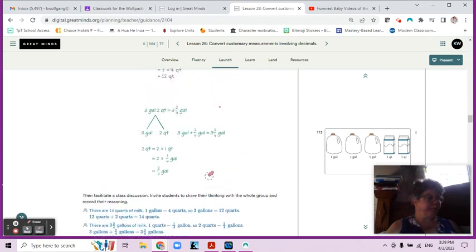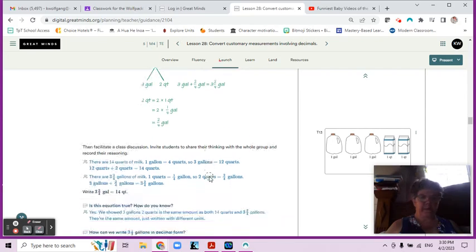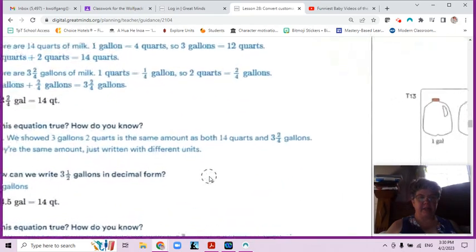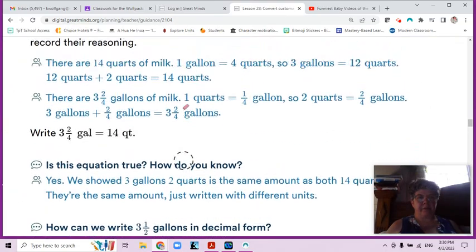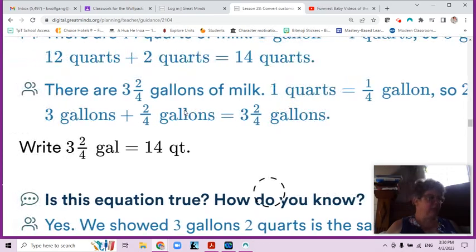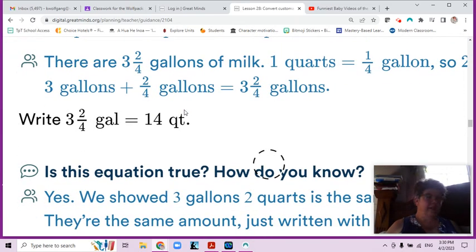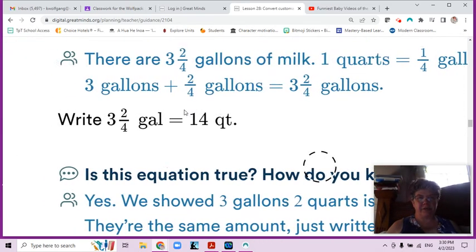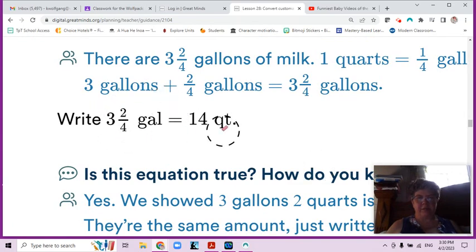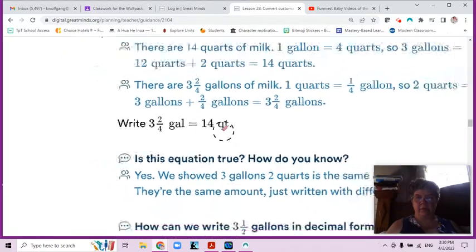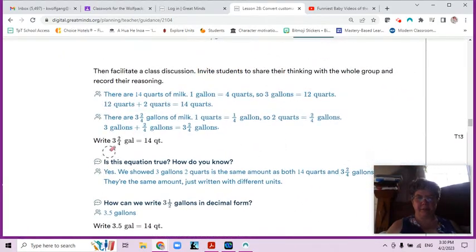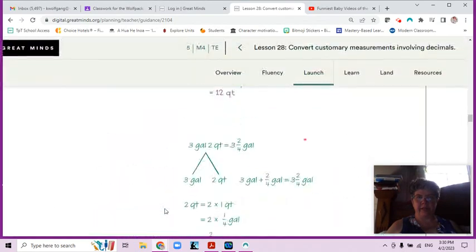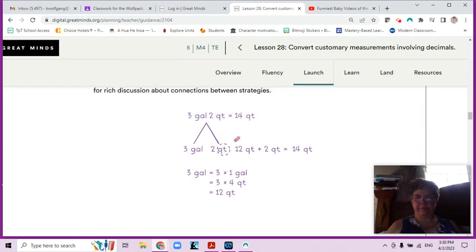Okay, awesome job. So let's look at this equation. 3 2/4 gallons is equal to 14 quarts. And we just proved that this was true, right? Because we converted our conversion that we had up here, right? Okay, nice job.